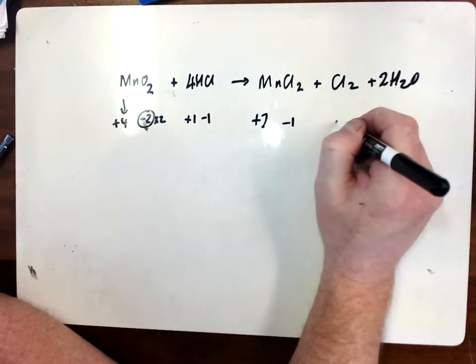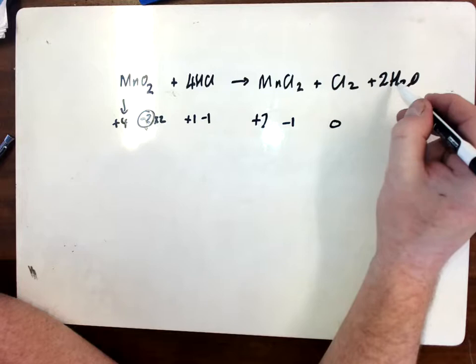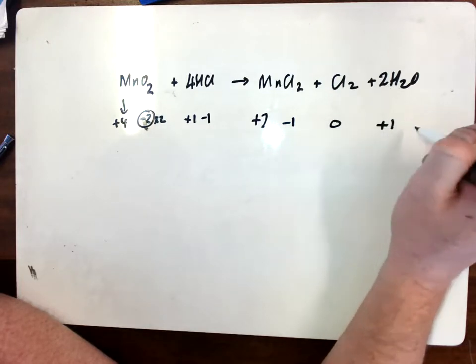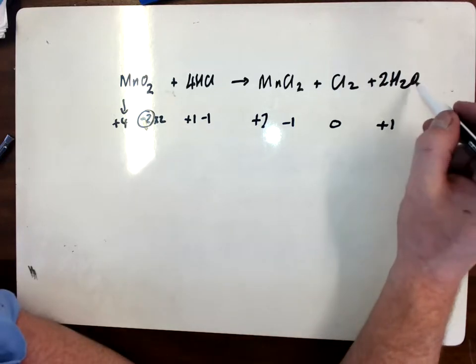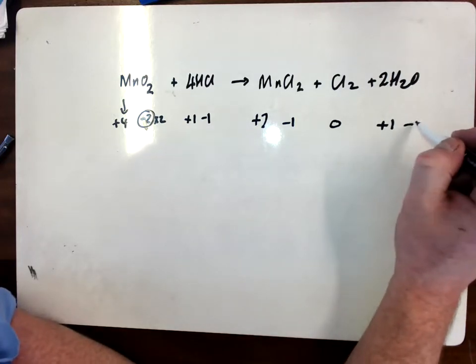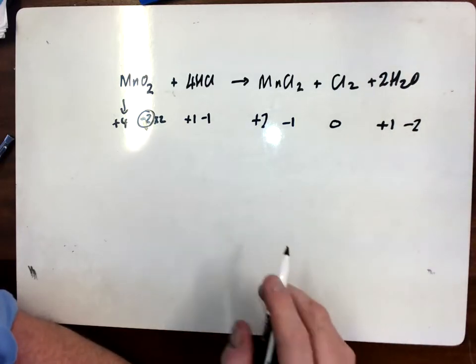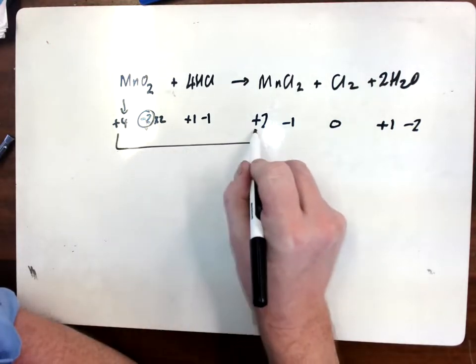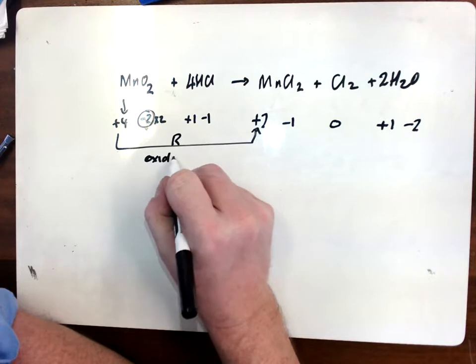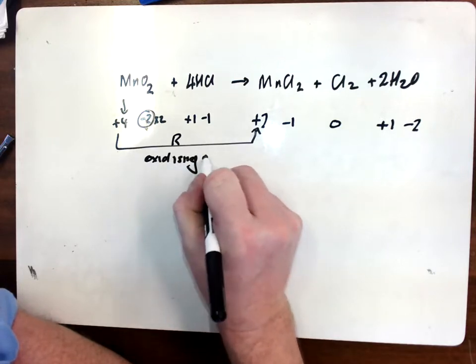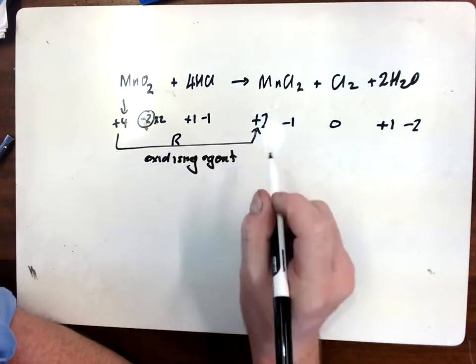Chlorine is uncombined here is 0. Hydrogen is +1. Okay. Because it's not with a metal, so it's +1, and oxygen is not with fluorine, so it's always -2. So let's have a look. Manganese from here to here has gone from 4 to 2, so it's been reduced. So that must be our oxidizing agent.